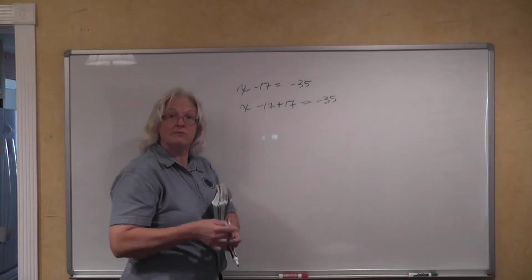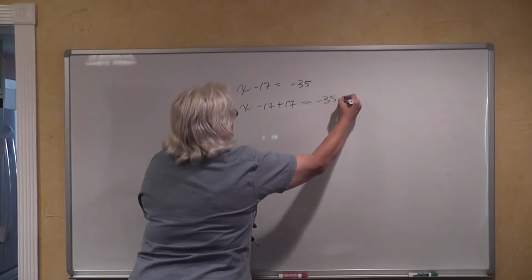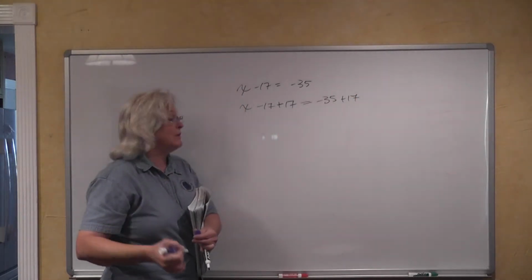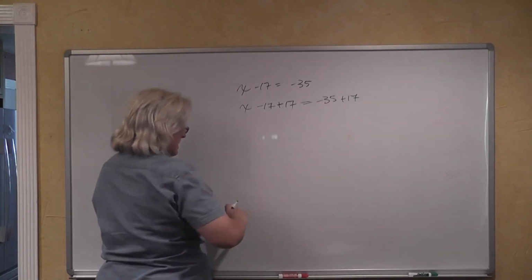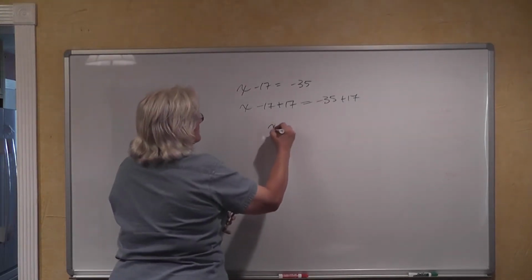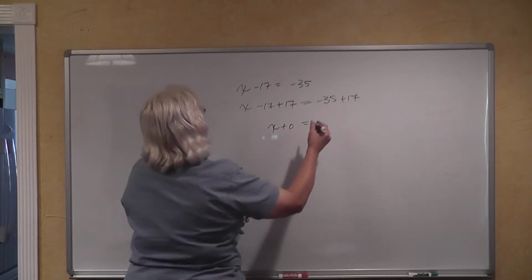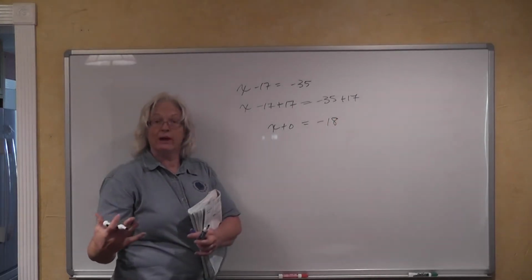If we add a 17 to the left-hand side of the equation, then we are going to also add a 17 to the right-hand side of the equation as well. Negative 17 plus 17, and we have x plus 0 is equal to a negative 18. How did I do that?